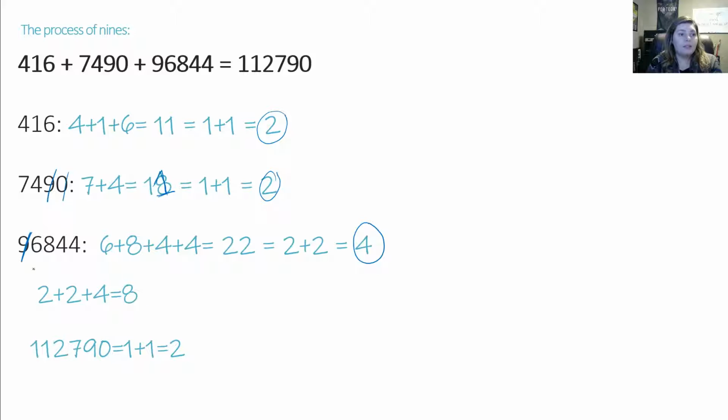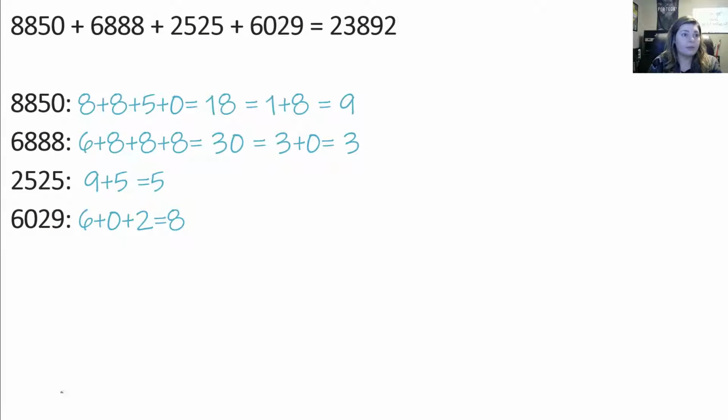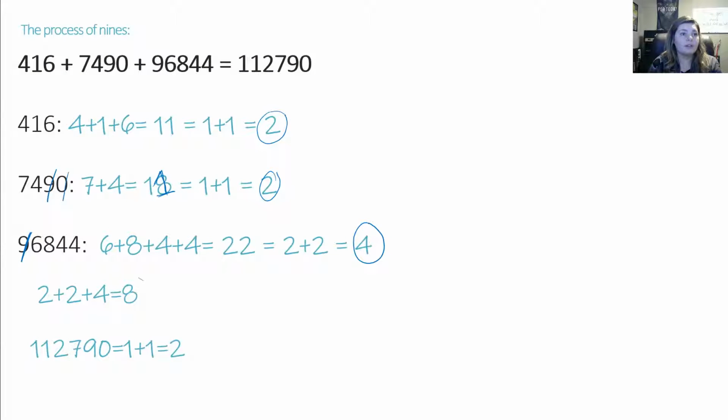And then go back. We can see that these numbers here, 8 and 2, are not the same. So we're just going to write that they are not a match.